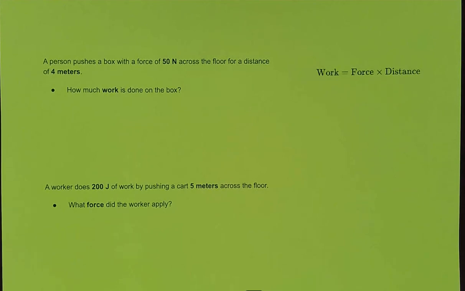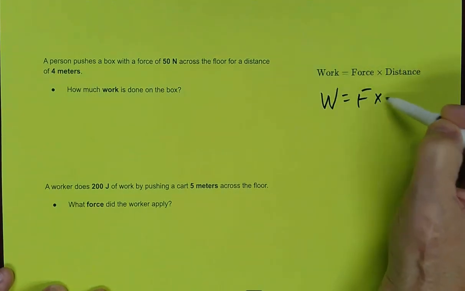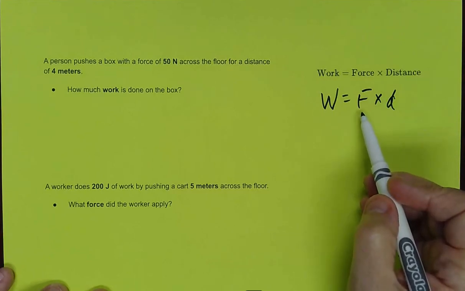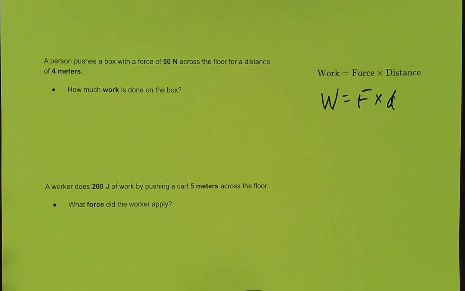Once again, there are so many different physics and math formulas that could be used on the GED, but I'm just showing you a few of them to get you familiar with how using formulas would work. If they give you the formula, just take the numbers, put them in, and then put it in your calculator. So work equals force times distance: however much force it takes times how far I want to move the object would equal the amount of work that's done.